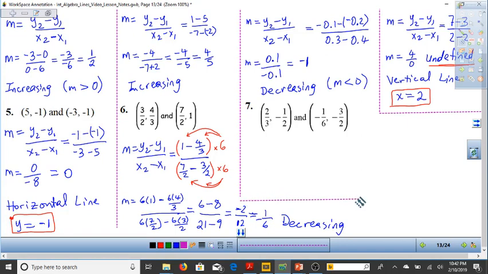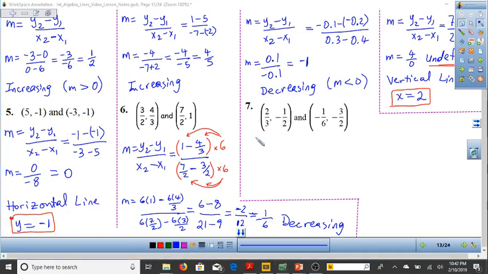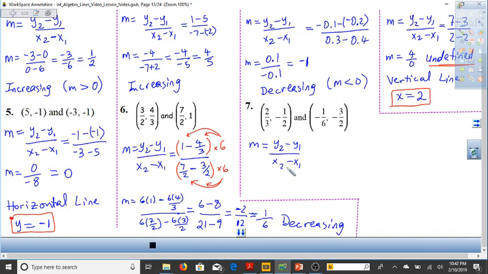All right, let's see if we can fit this other one in the space here. Similar situation here. And now the slope is m is equal to y2 minus y1 over x2 minus x1. And y2 is negative 3 over 2 minus negative half.